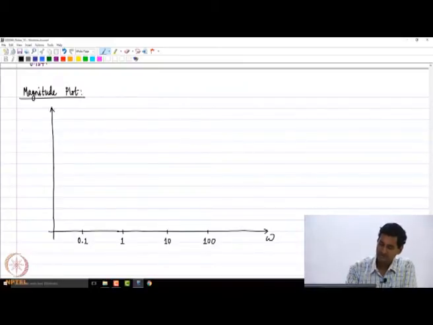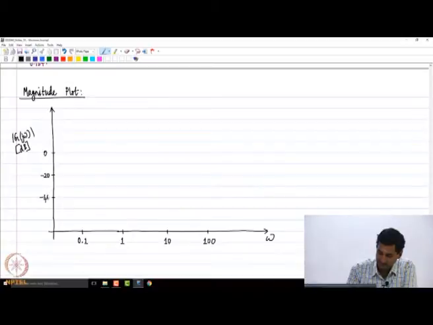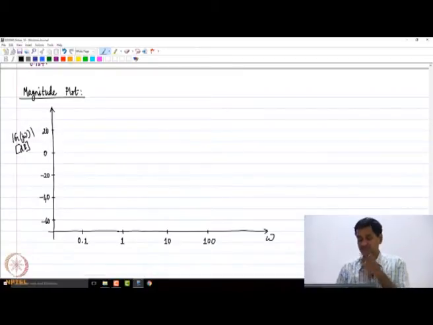On the abscissa is omega, and on the ordinate we are going to plot the magnitude. On the vertical axis we will have the thing in decibels. So let's say I have 0 decibels, minus 20, minus 40, minus 60, plus 20 and so on. So these are my values.